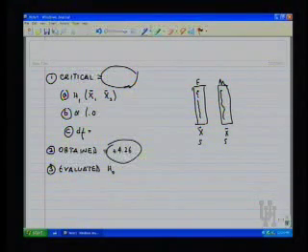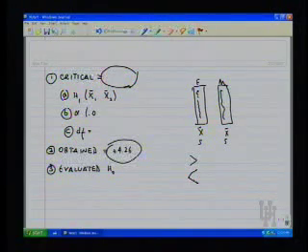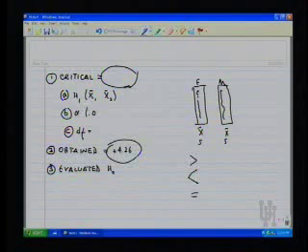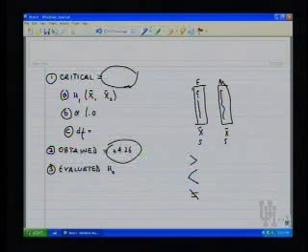You only got three choices here. X bar 1 will be greater than X bar 2, X bar 1 will be less than X bar 2, or X bar 1 will be different from X bar 2. The prediction was that females will score higher on the SAT than males.